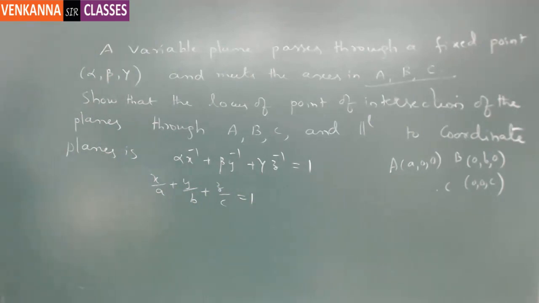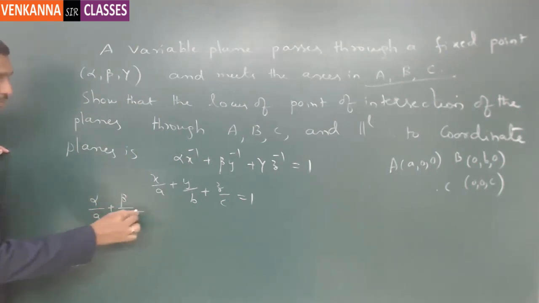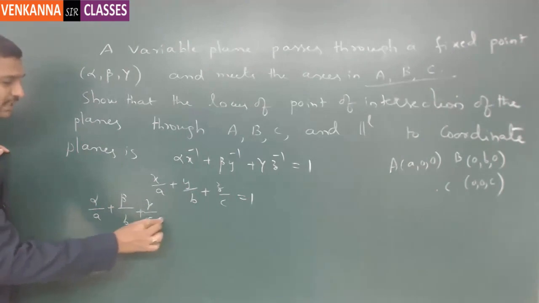So I have written the equation of the plane in intercept form. In the first line, it is given that the plane is passing through a point alpha, beta, gamma. In other words, if you substitute alpha, beta, gamma, the plane equation gets satisfied. So substituting alpha, beta, gamma in place of x, y, z, you have alpha/A + beta/B + gamma/C = 1.